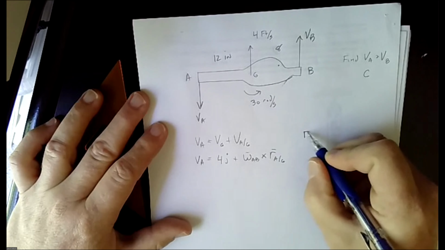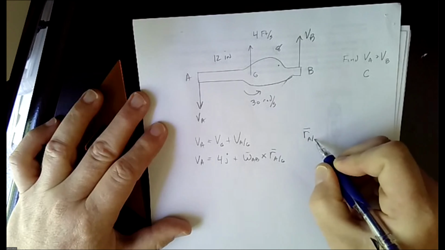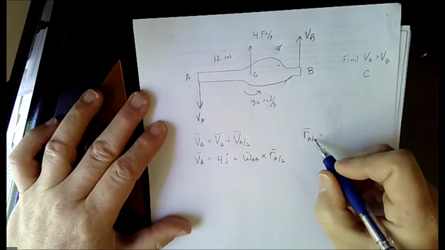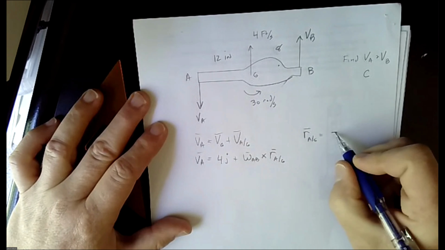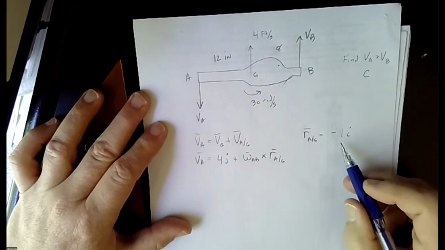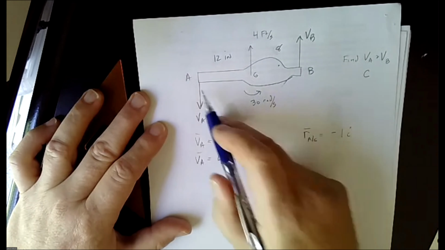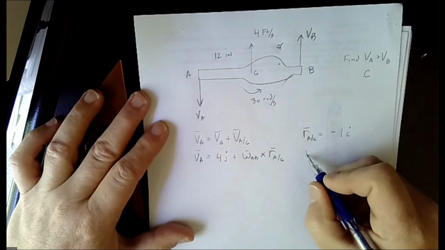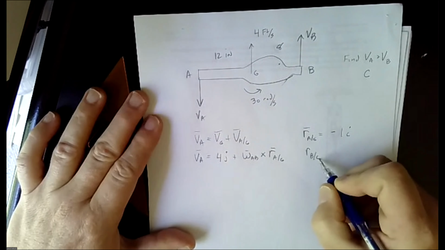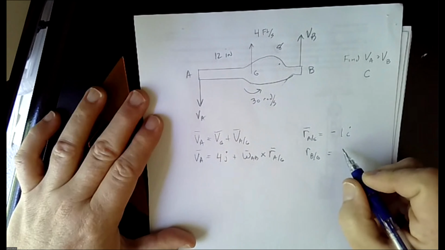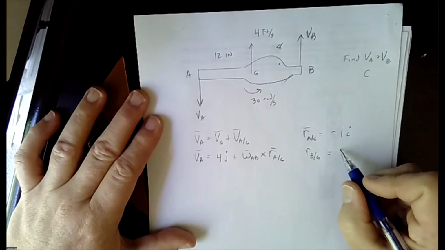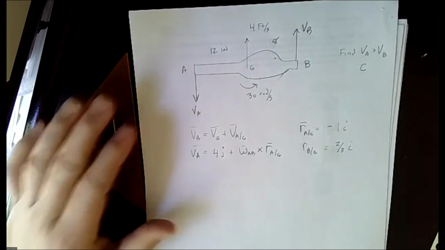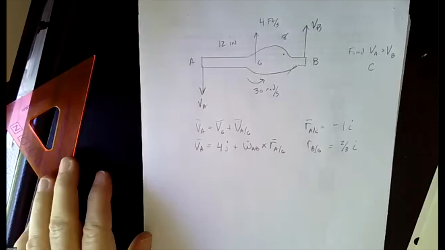So if we write R of A relative to G, I know it's going to be -1 in the I direction because going from G to A is -1 foot. And then I know we'll probably need R of B relative to G later, and that's going to be 2/3 I.